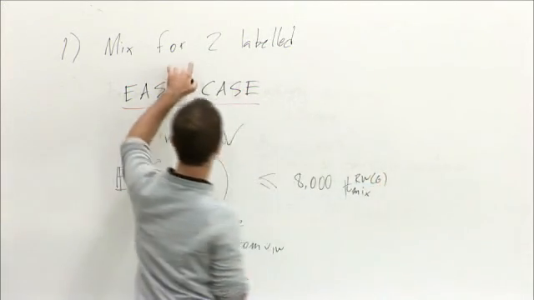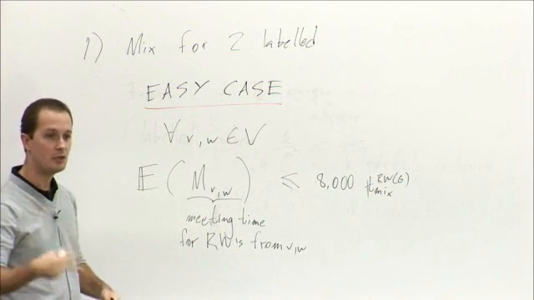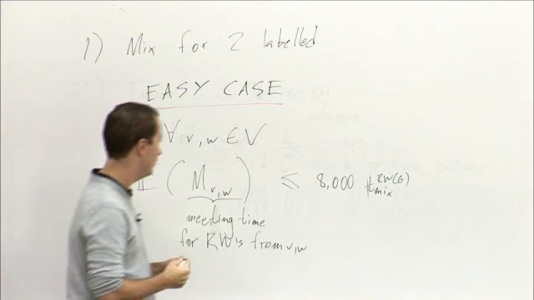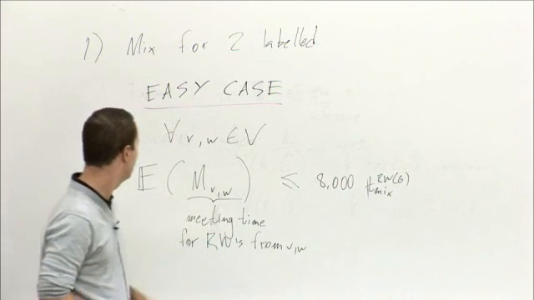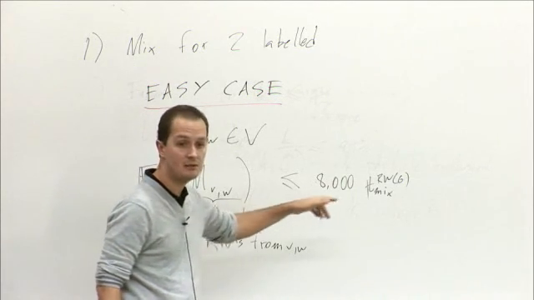What's our goal here? It is to say that the mixing time for two labeled particles is at most a constant times the mixing time for one single particle. So the easy case is when these expected meeting times are like this.